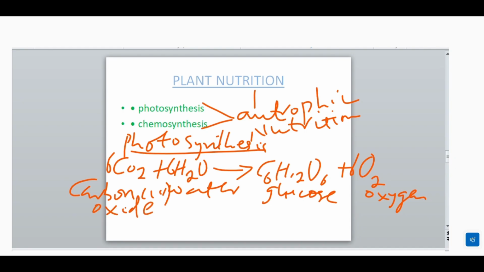Now, this photosynthesis process is actually divided into two: the light reaction stage and the dark reaction stage.